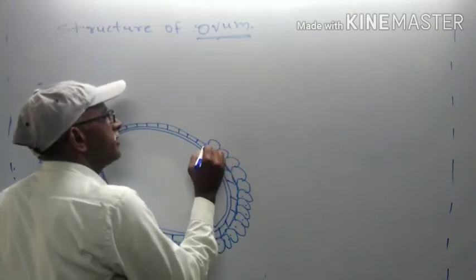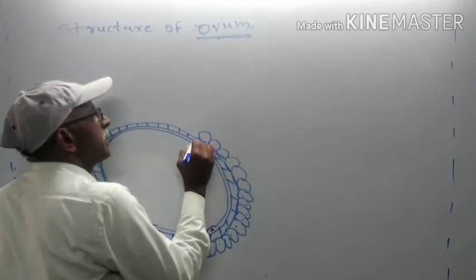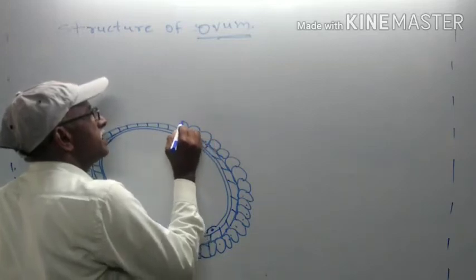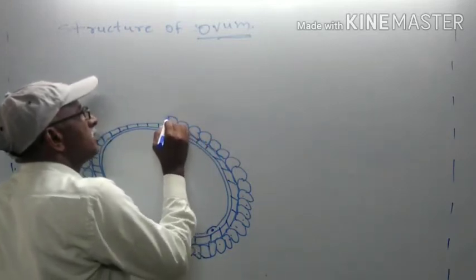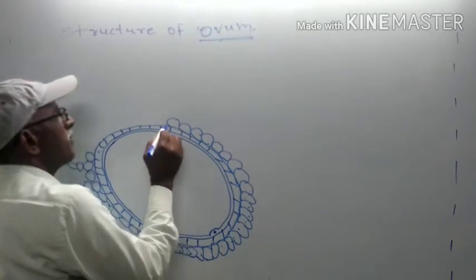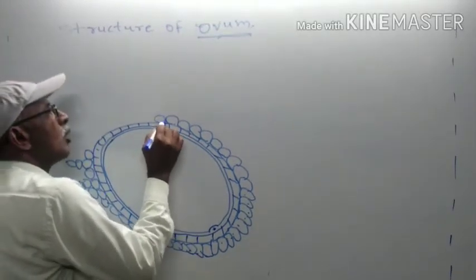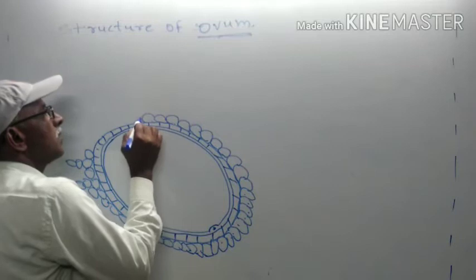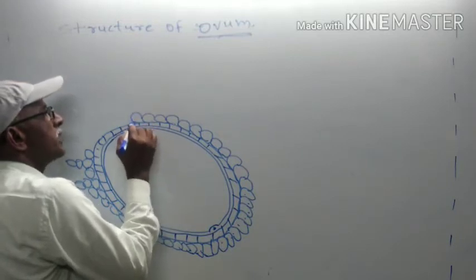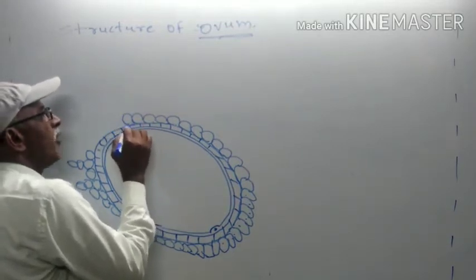In the last lecture we have seen gametogenesis. In gametogenesis we have seen the first meiotic division of the primary oocyte, and from the primary oocyte two haploid cells are formed.